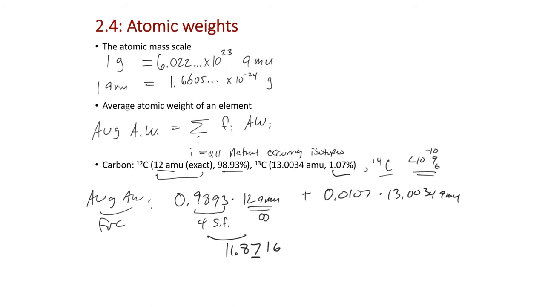Okay, and again, the reason I'm not rounding to 2 sig figs is because 12 AMU is exact. So think of that as 12.00000 with an infinite number of zeros. And so it's the 4 sig figs that's limiting my result on the multiplication step. And then I'm adding to that 3 sig figs times 6, so the 0.0107 times 13.0034 is 0.139.